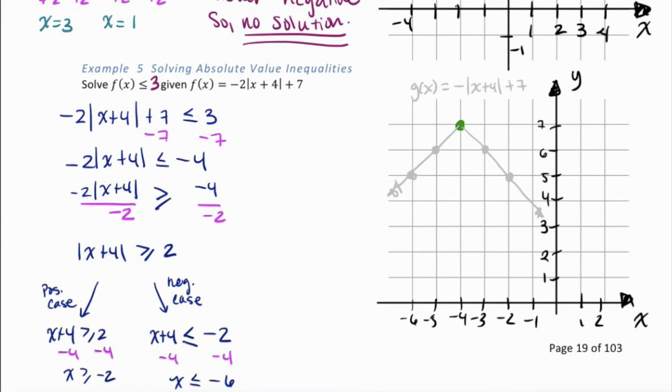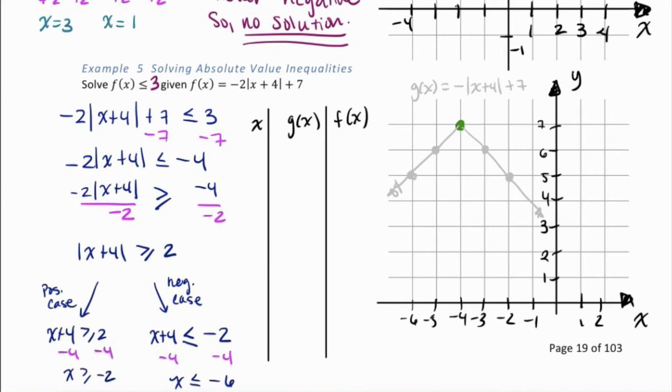Now let's create a little table. So we have x, g of x, and f of x. And again, g of x is here in gray. So let's see what happens at -6, -5, -4, -3, and -2.